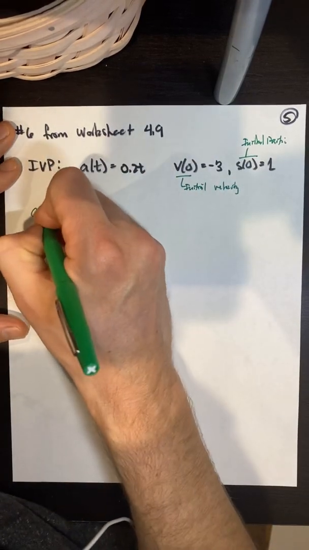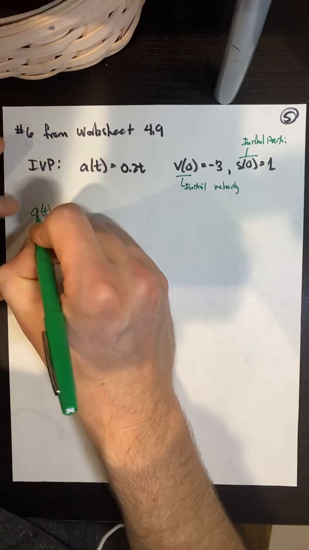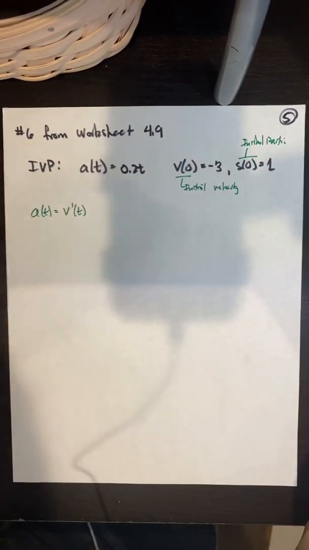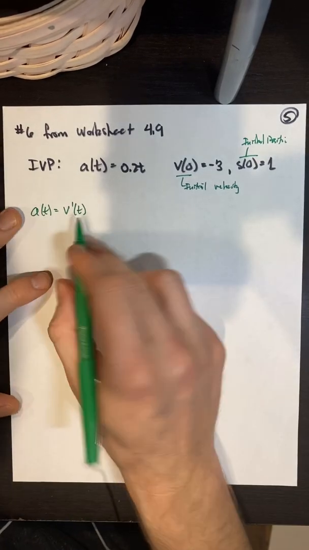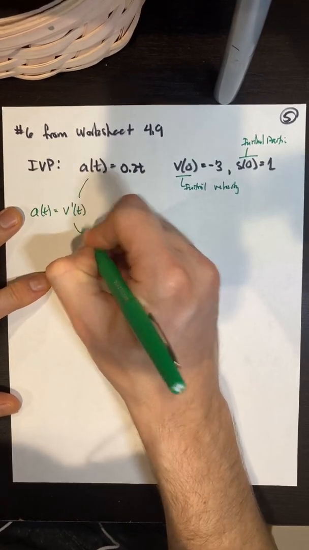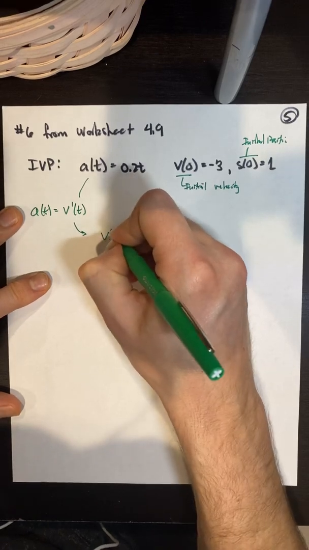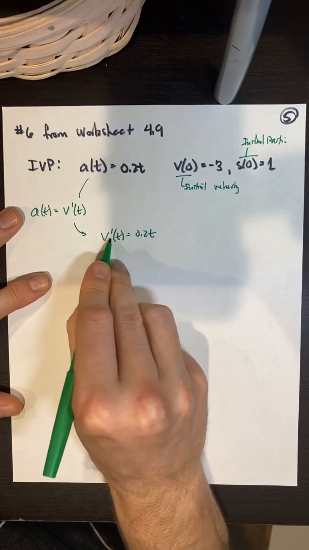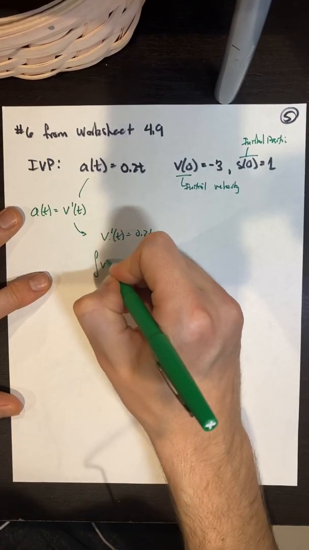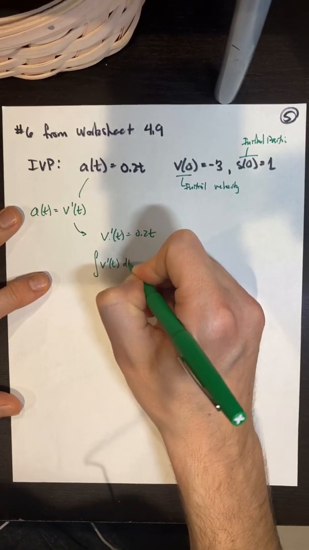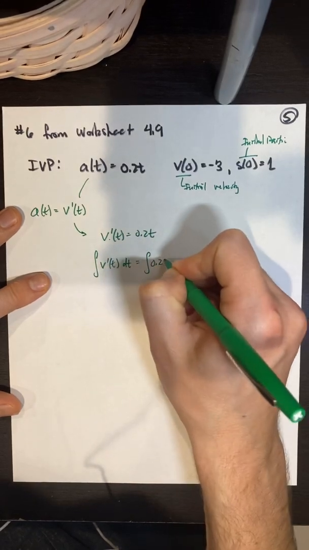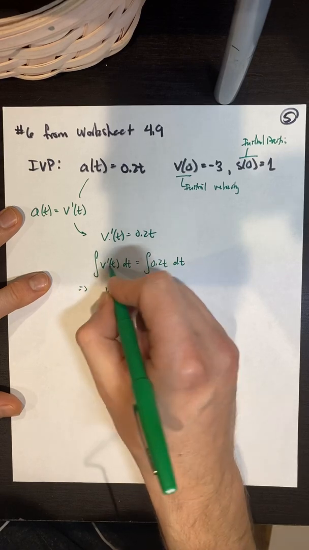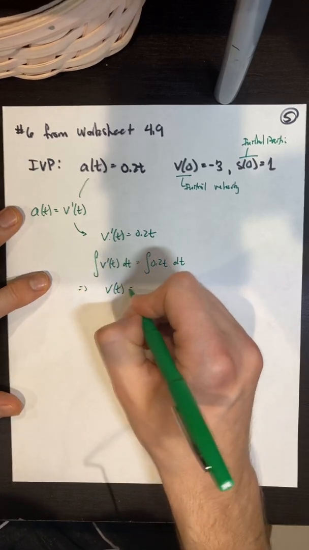So first we realize that a of t, the acceleration, is the rate of change of the velocity. So I can update this equation, a of t equals 0.2 t, to be v prime of t is equal to 0.2 t. Now again, how do I get rid of the derivative? Well, I would anti-differentiate both sides of this equation with respect to t. The antiderivative of v prime would just be the velocity.